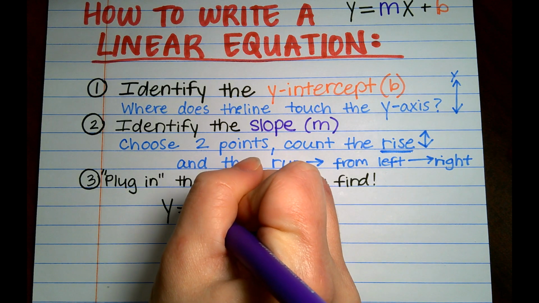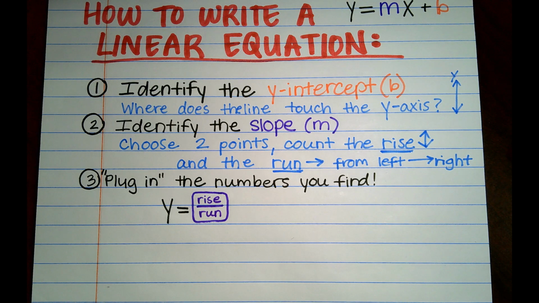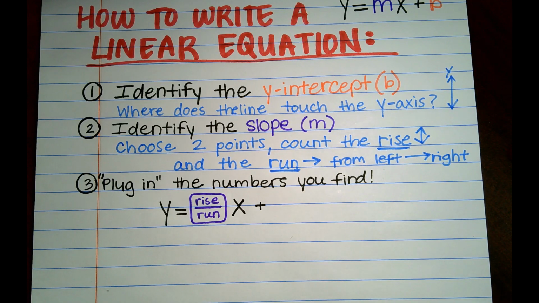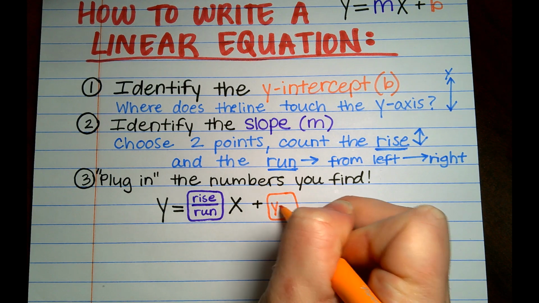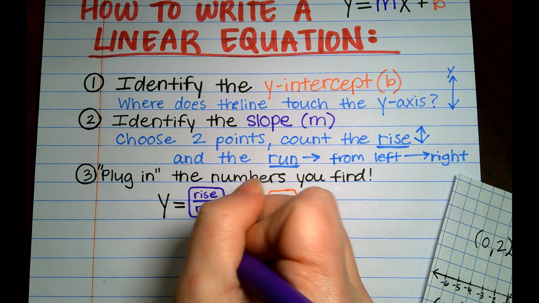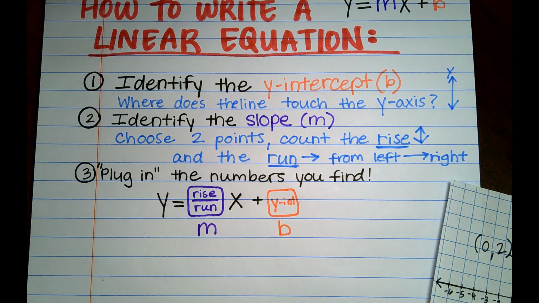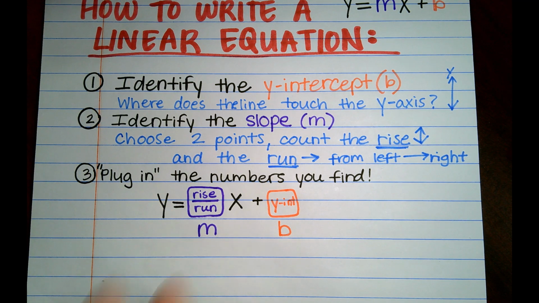And I'm going to write rise over run. That's our slope. x plus our B, or our y-intercept. So just a couple of different ways to think of it. M, B. So the only thing that will stay the same is the x and the y.